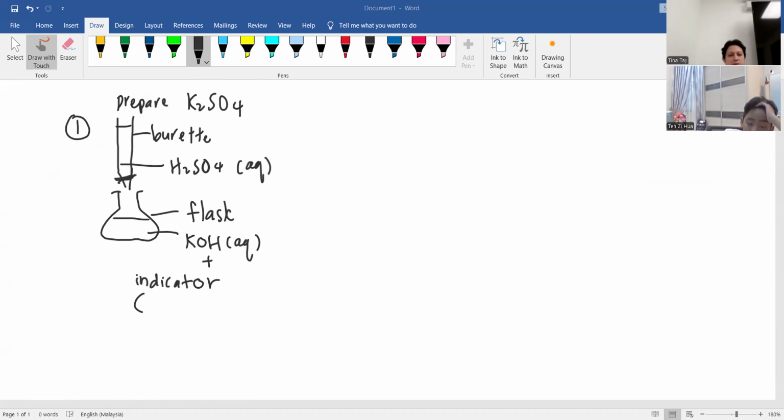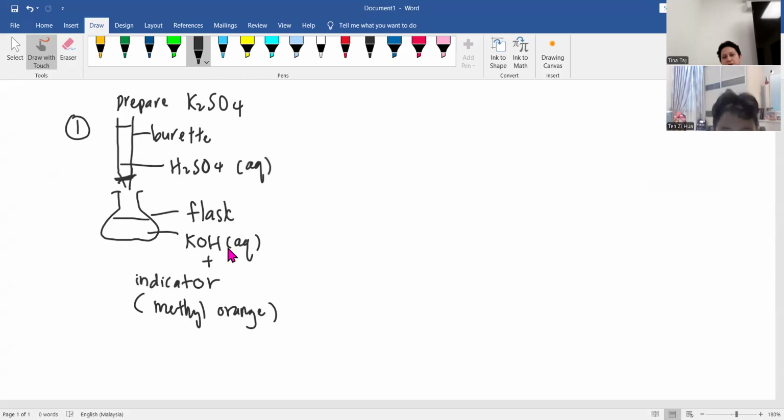What's another one? Thymol phthalein. Okay. And litmus paper? No, litmus cannot be used for this, because I only want one. It is litmus solution, not litmus paper.